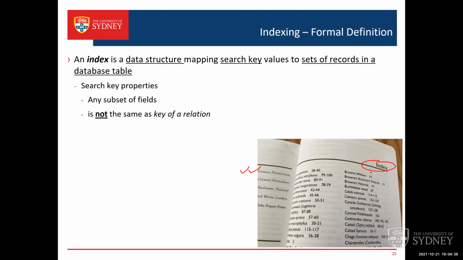When I'm looking for something, let's say I'm looking for Brownie William, this index says that this data you will find on page number 14. If I know that, I simply need to go to page number 14.